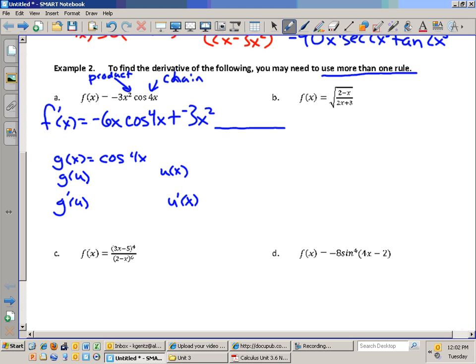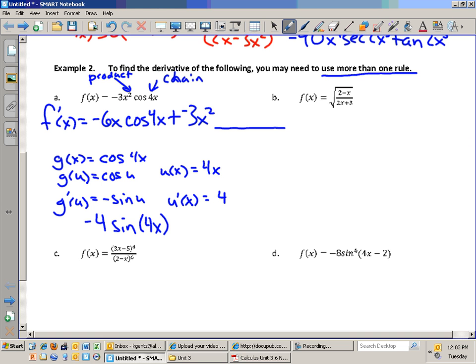But what is g of u? Cosine of u. What is u of x? 4x. What is g prime of u? Negative sine of u. And u prime of x? 4. How do I come up with the entire derivative then? Negative sine of 4x, I plug the u back in.